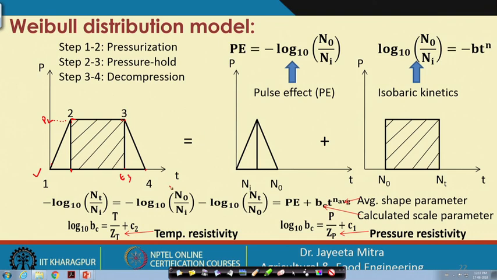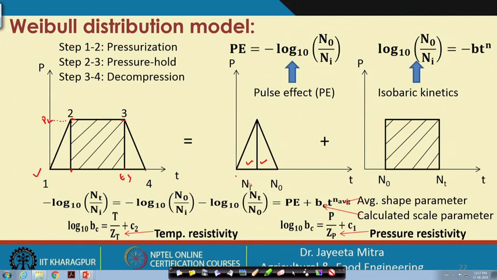These two effects we can categorize into two different graphs. One considers the pulse effect, that is the increase and decrease of the pressure. The other shows the isobaric kinetics, that is when isostatically constant pressure is applied on the food, what the degradation was.